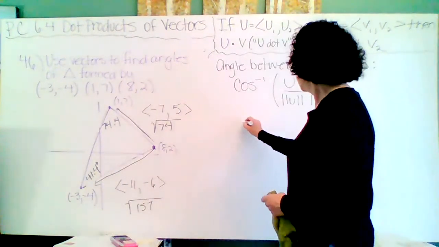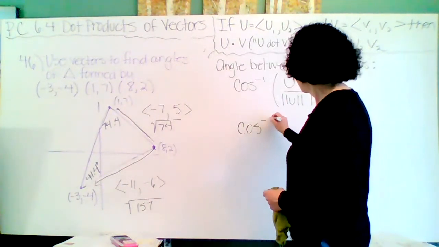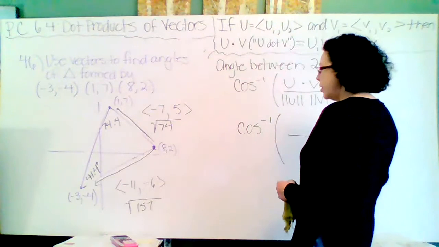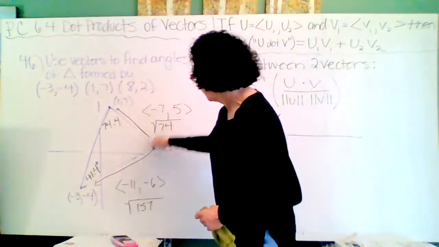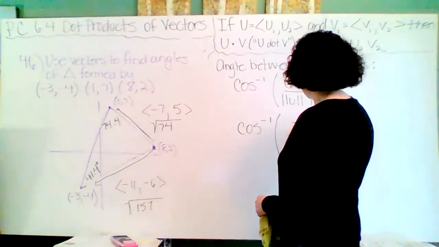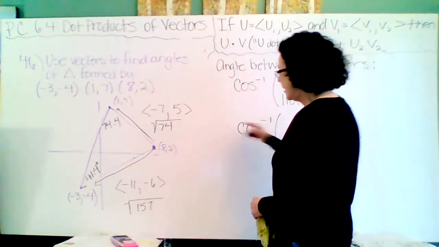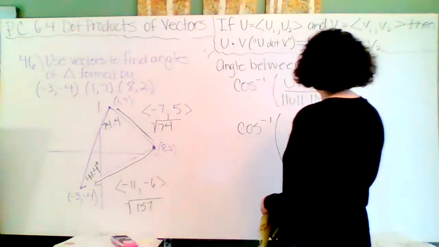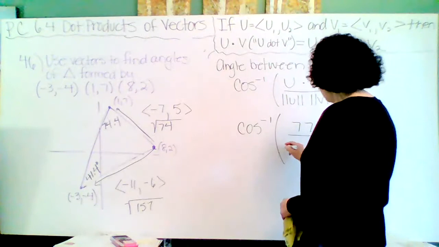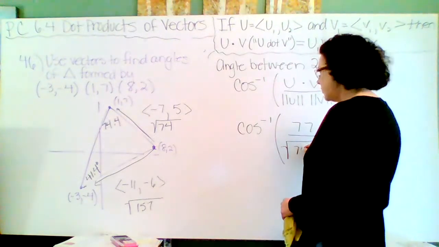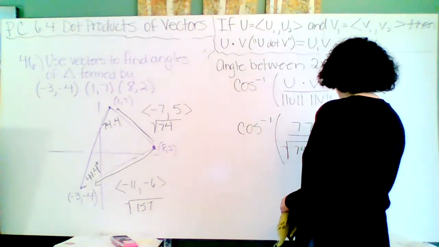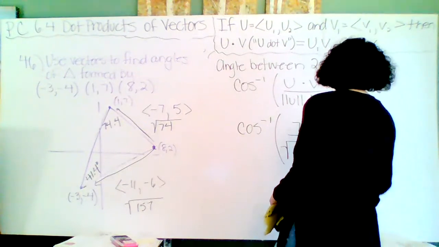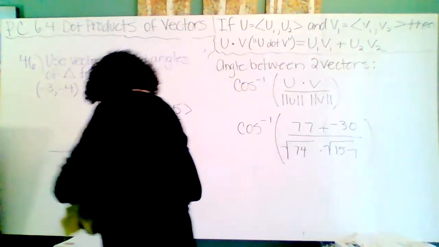All right, inverse cosine of the dot product, negative 7 times negative 11 is 77, plus a negative 30, or minus 30, all over the square root of 74 times the square root of 157. All right, let's go ahead and do that.